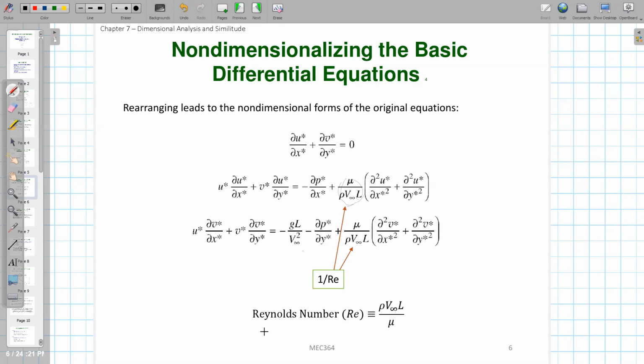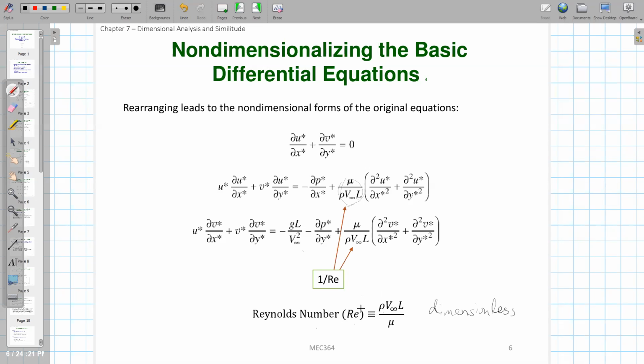Okay, usually the Reynolds number is defined as rho times v infinity times L over mu. And it's a dimensionless parameter. When we say dimensionless, it means that there is no unit for this Reynolds number.